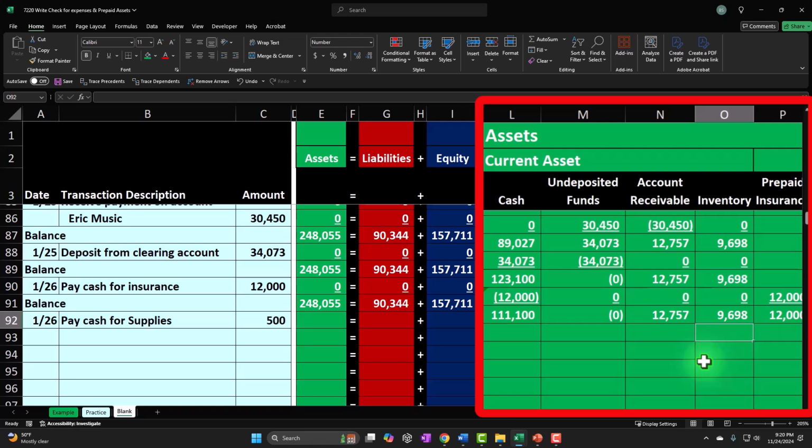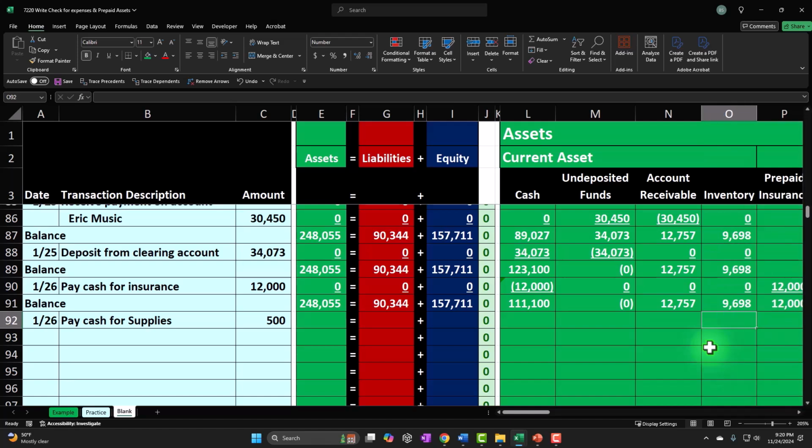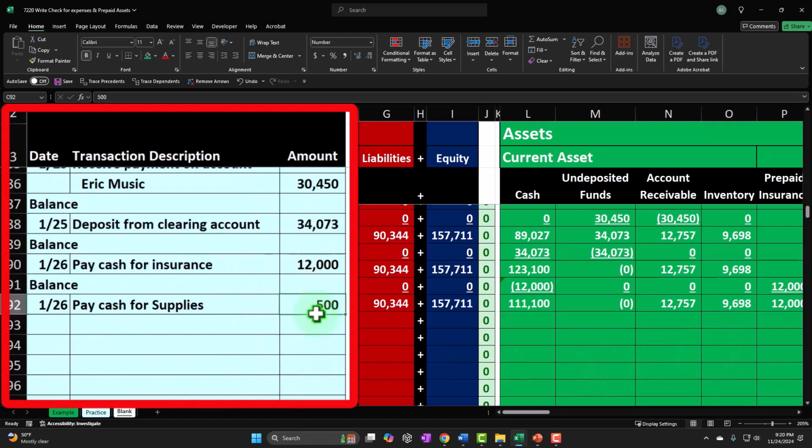One other thing to keep in mind with supplies: when you pay the vendor, it might be an office supply shop, in which case you have to watch out as to whether you're paying for supplies, inventory, or property, plant, and equipment. You might buy all those things from the same shop. So you might put a dollar limit on the cash transactions that go through a bank feed and say, if the dollar amount is less than, let's say, 1,000, I'm just going to expense it as supplies.